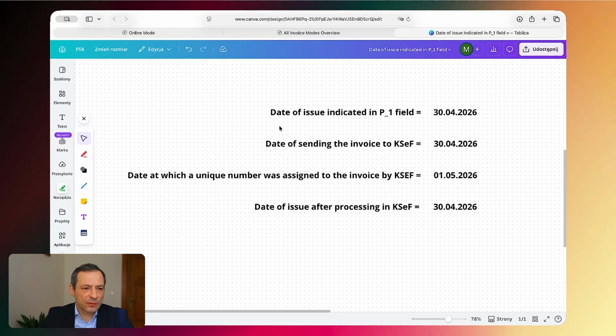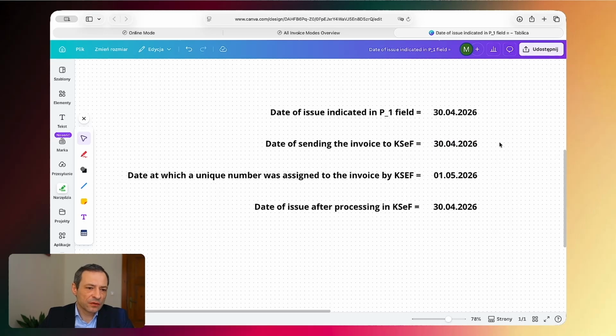In another example, we have an invoice in which the date of issue was indicated by the taxable person in the P1 field also as the 30th of April 2026. Again, the invoice was also sent to the Polish National Electronic Invoicing System on the same day, the 30th of April 2026.